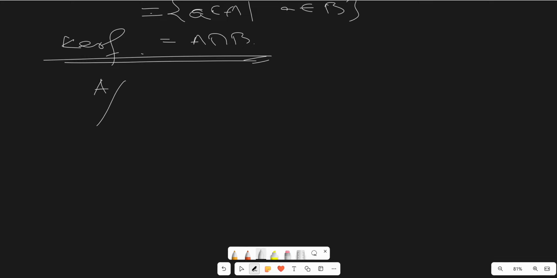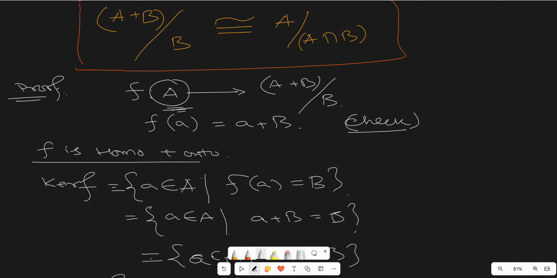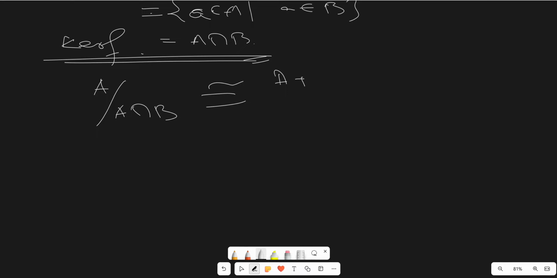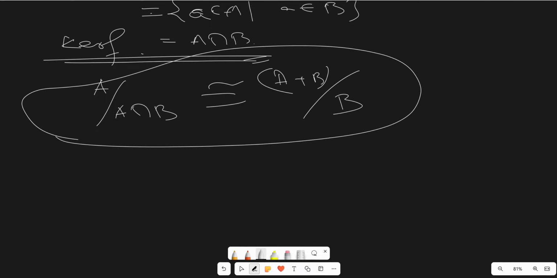A quotiented by A intersection B is isomorphic to A plus B quotiented by B, since this is onto. So this proves the second isomorphism theorem. Are you getting my point?